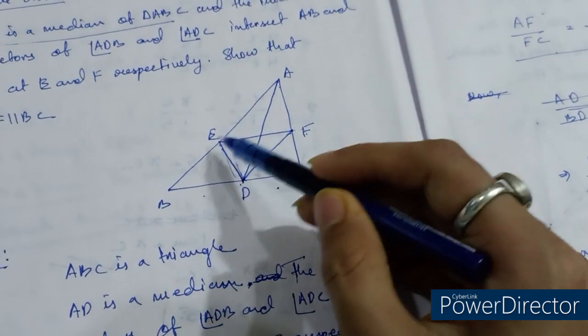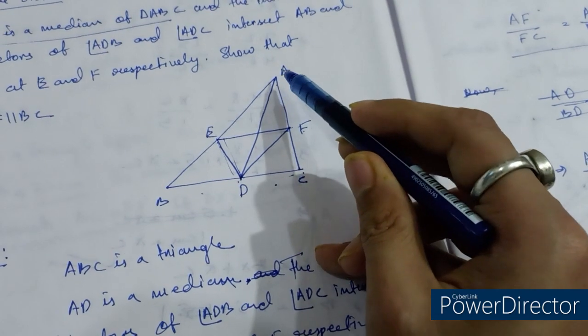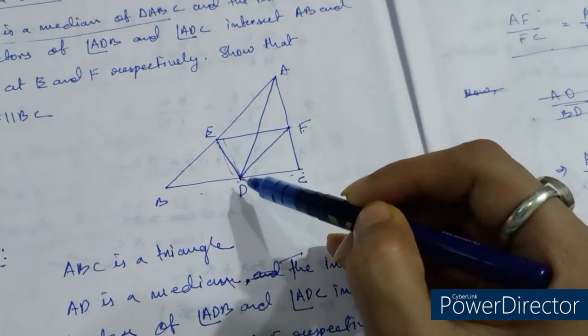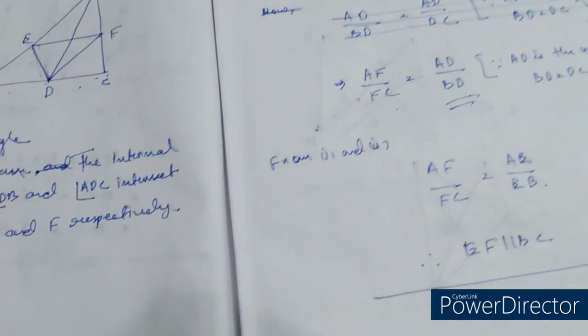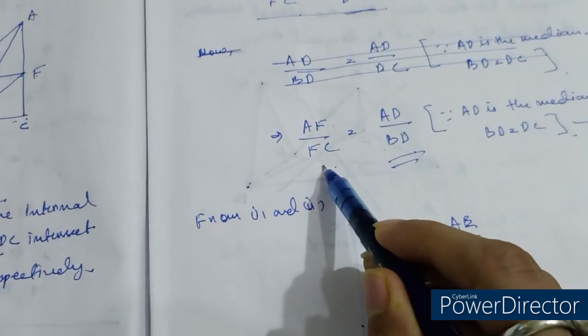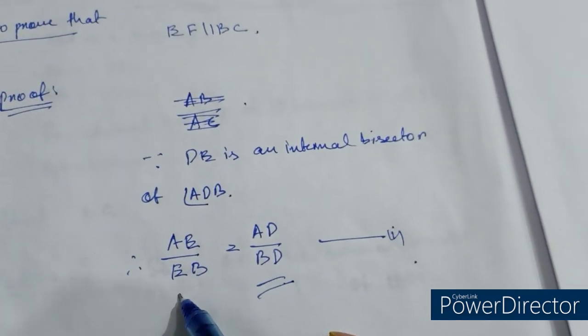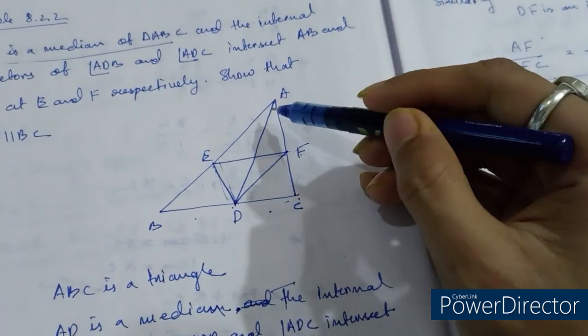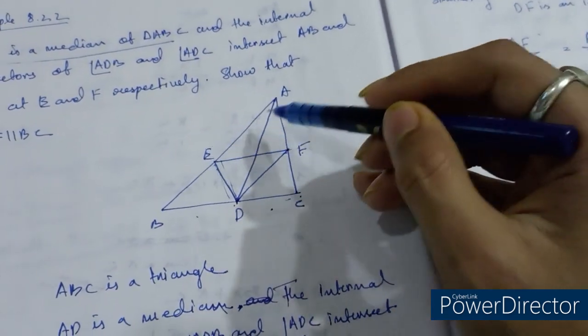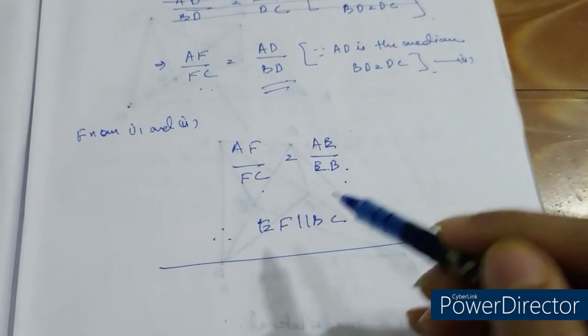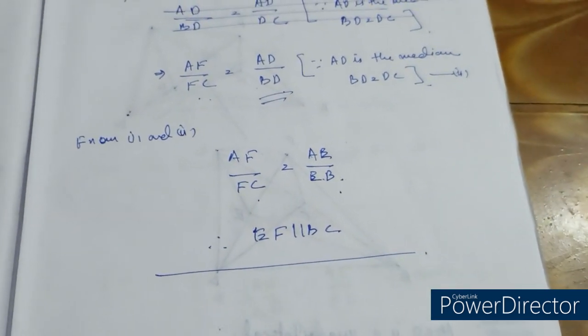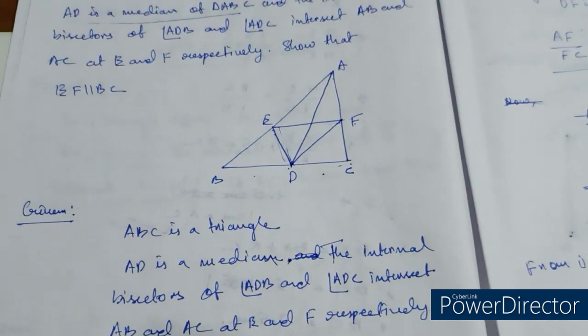The right-hand sides are equal, so the left-hand sides become equal. Therefore AF by FC is equal to AE by EB, so EF is parallel to BC. This one, by theorem, you have already learned in general mathematics.